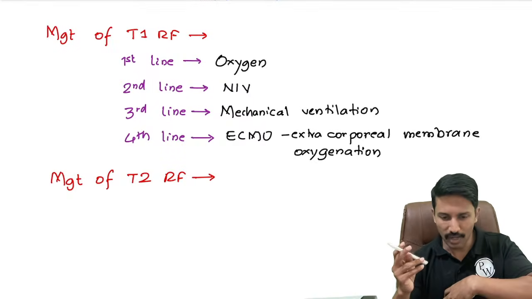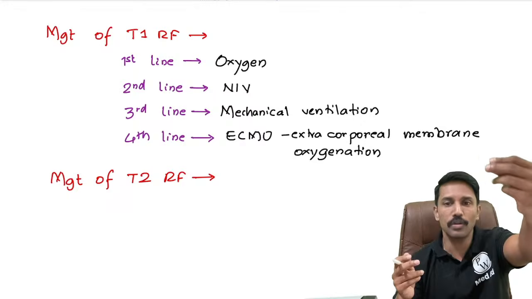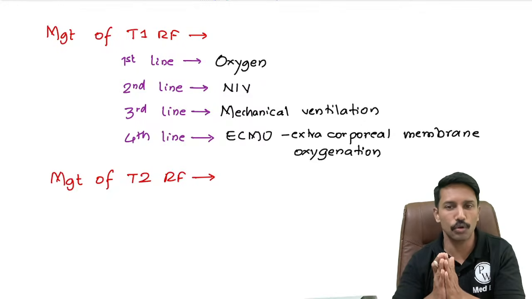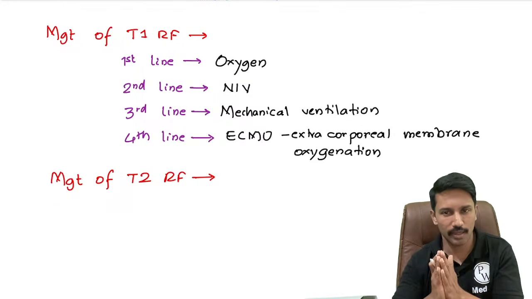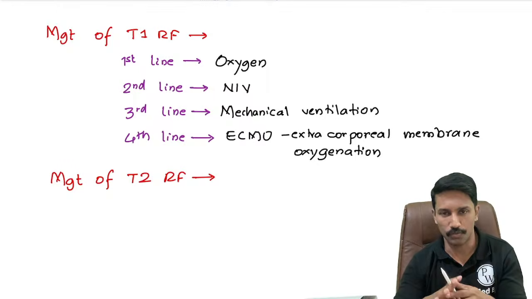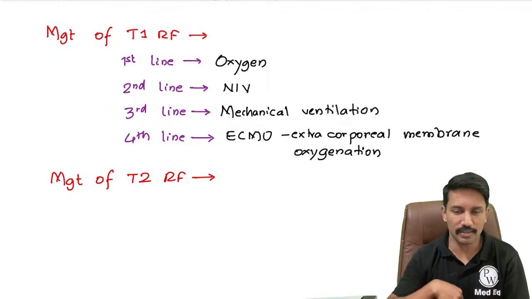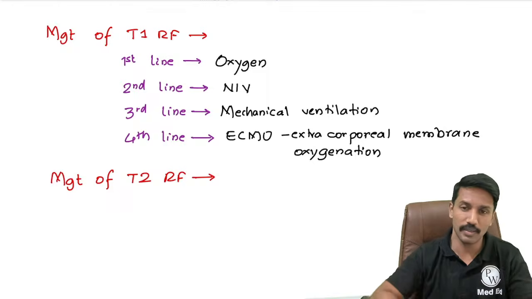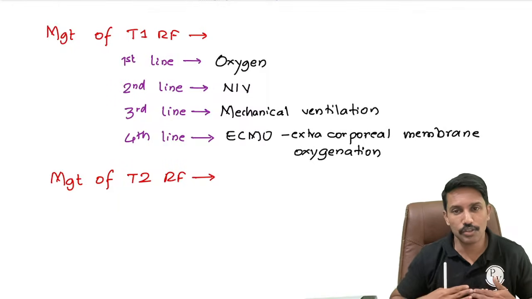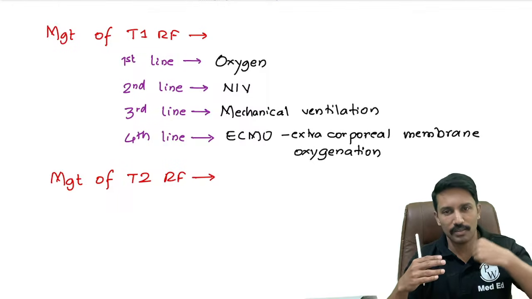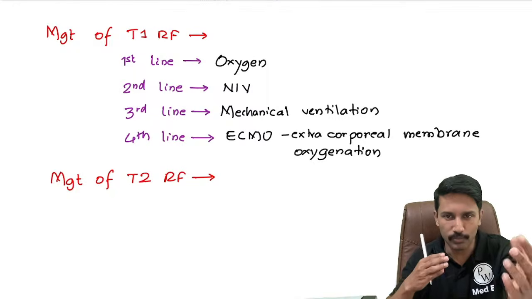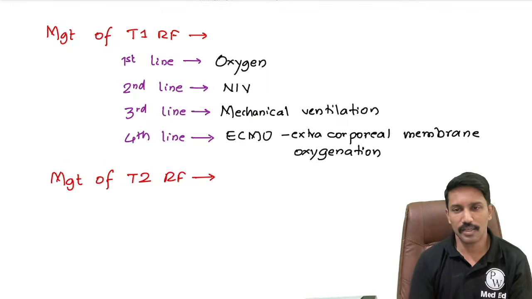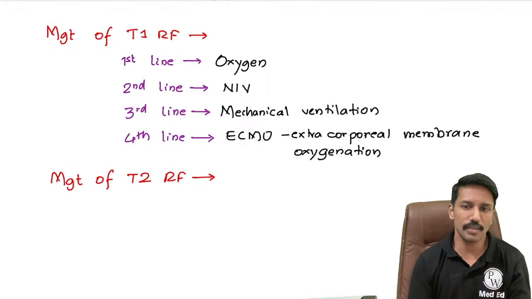And how can I bring carbon dioxide that is there in the alveoli out? Yesterday I told you a rule, right? Fluid and air moves from high pressure to low pressure zone. So if carbon dioxide that is there in my blood, it has to come to the lungs, and from the lungs it has to go to the environment, then the pressures inside the lungs should be elevated so that the carbon dioxide leaves and comes to the low pressure area in the external environment. So how can I do that?